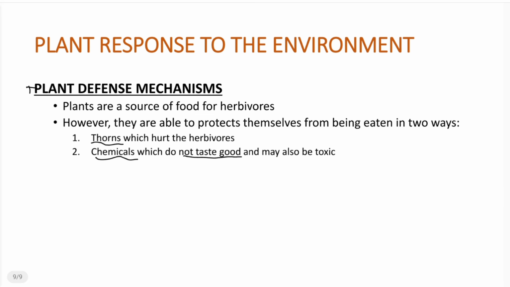So because plants have got thorns and some have got chemicals, these are mechanisms that are going to serve as a deterrence. They are going to cause you to not want to deal with or come into close contact with these plants, and therefore by so doing, these plants have been able to protect themselves from you as a person and also from other herbivores, right? So these are plant defense mechanisms.